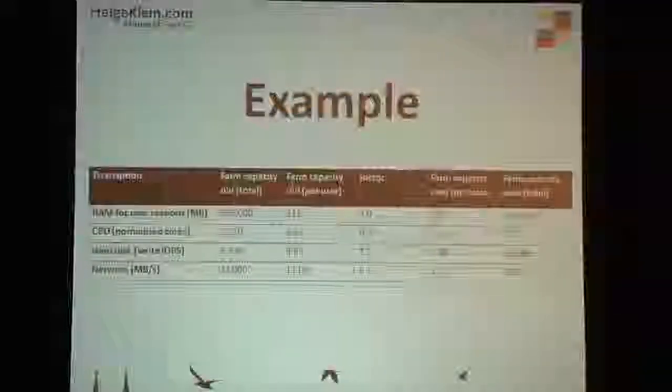For each of those components, I'm going to calculate the total capacity of the existing farm. So what do we have sitting in the data center? Then I'm going to break that down to get values per user. A total capacity of a couple of gigabytes or whatever, that's nice, but it doesn't tell me anything if I don't divide it by the number of users. Only then do I get meaningful numbers.